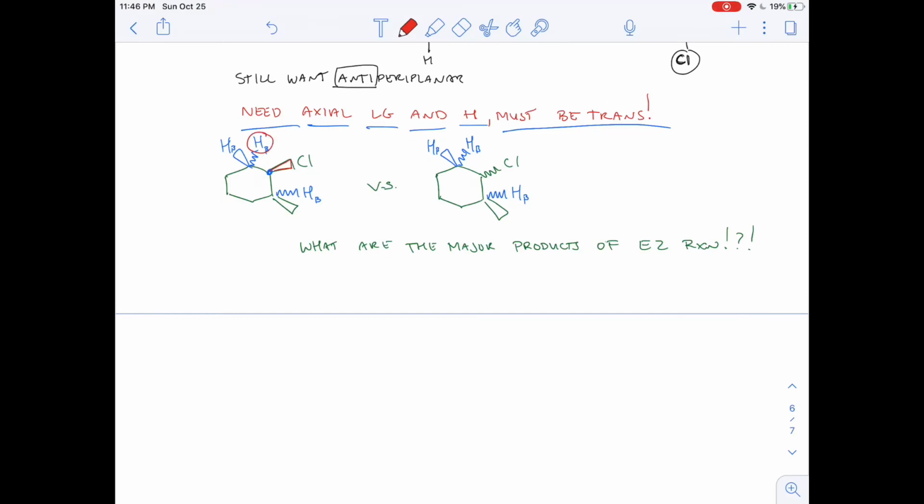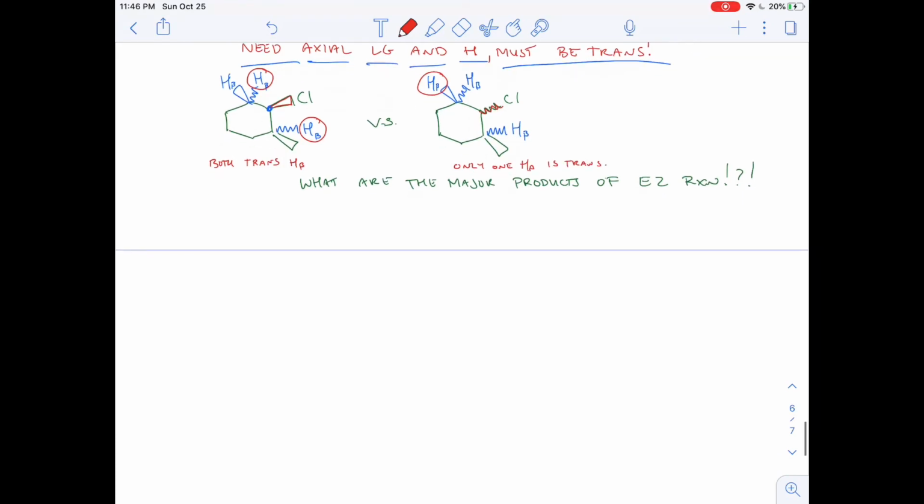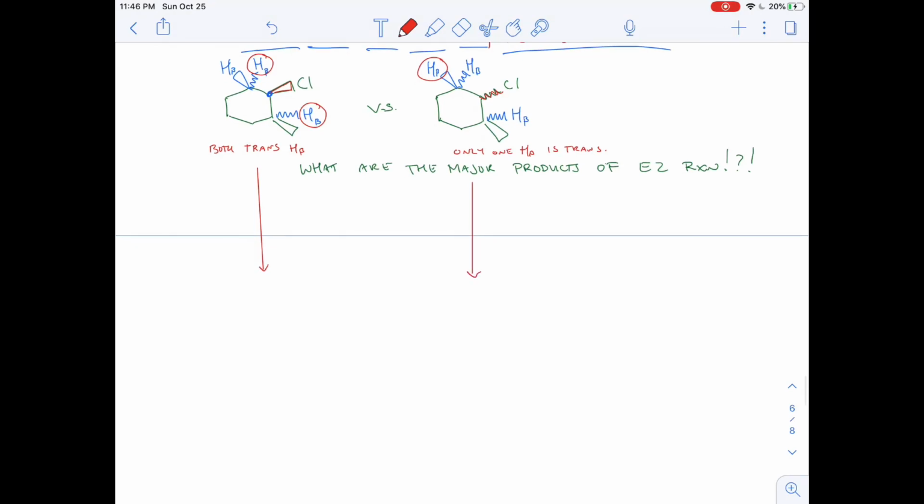You want to make sure that you can find a beta hydrogen that is trans to your leaving group, chlorine in this case. Since there's both trans on this compound on the left, we're going to get two different alkenes at least. But for the other one on the right, we have a beta hydrogen that's trans on the upper left side, but not on the right side. So there's only one beta hydrogen that's trans, and therefore we're only going to get one product.